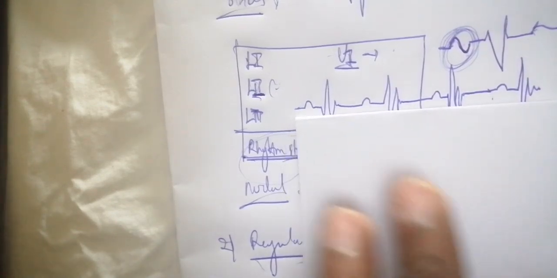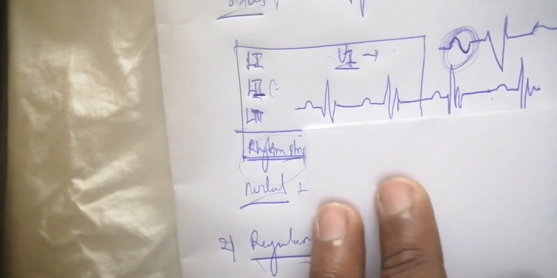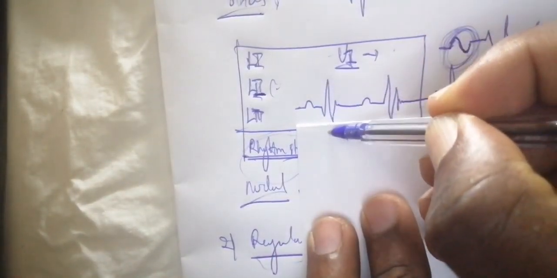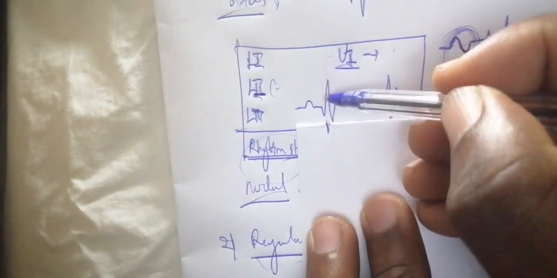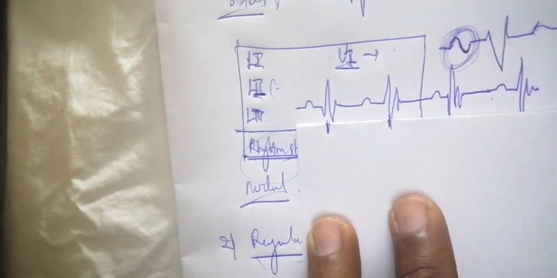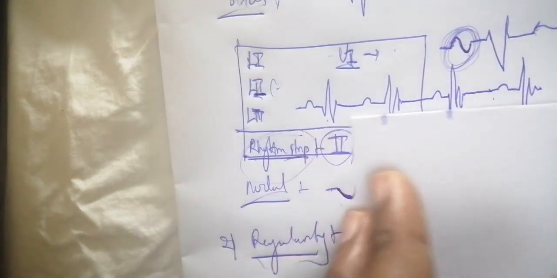You mark a point on an R wave, then mark another R wave, and now compare with the next RR complex.